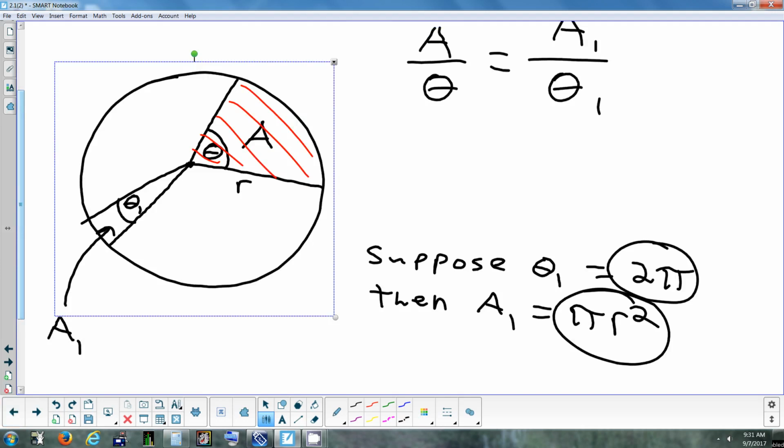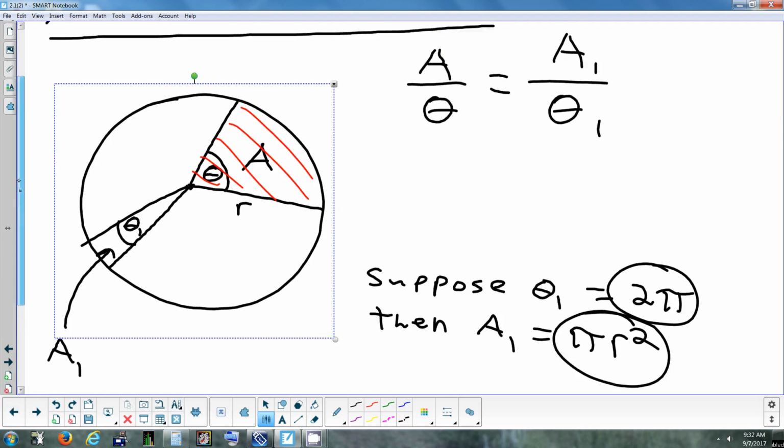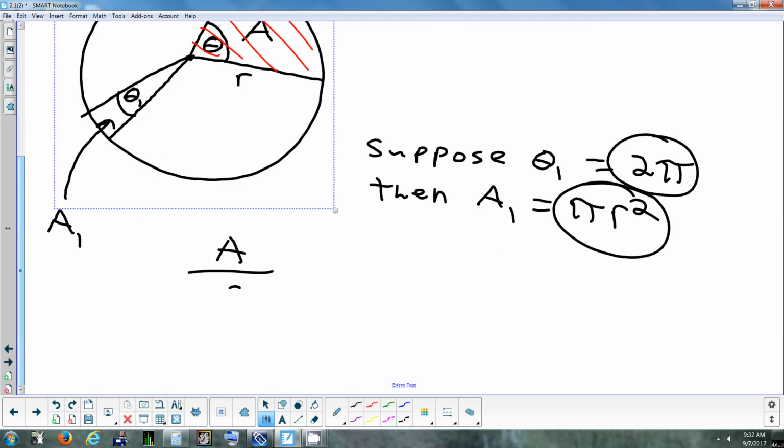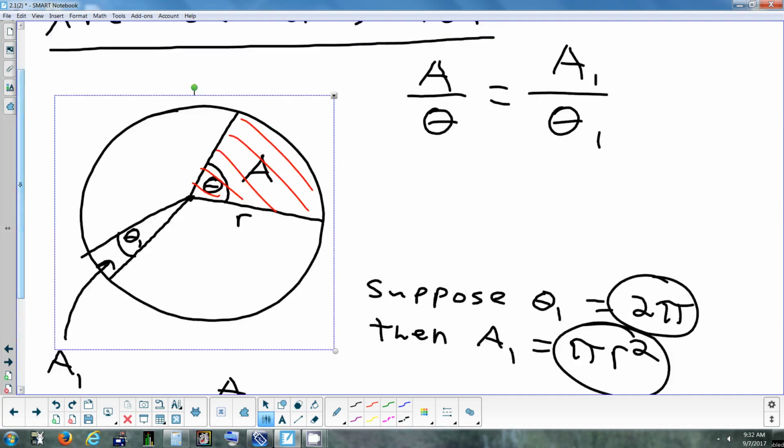Okay, so now just fill those two things into the proportion up above. We'll simplify, cross multiply, and then you'll get your formula. So we're going to leave the a and the theta. But now we're going to fill in our specific facts that we just figured out. Our 1 foot, 12 inch type connection.